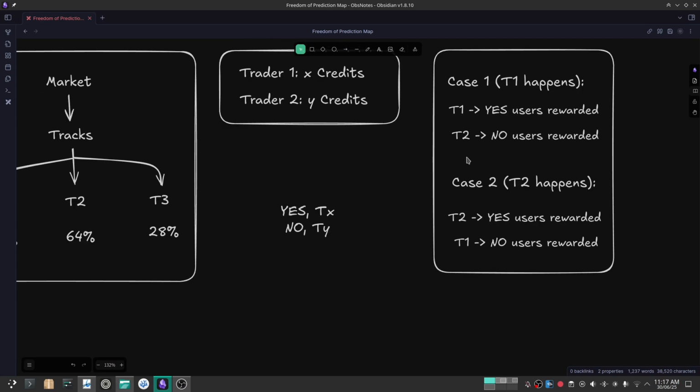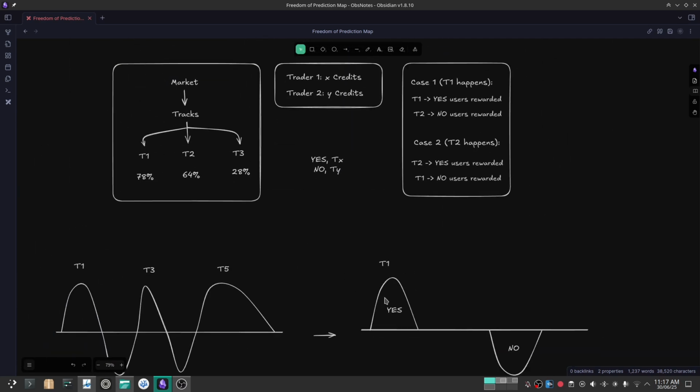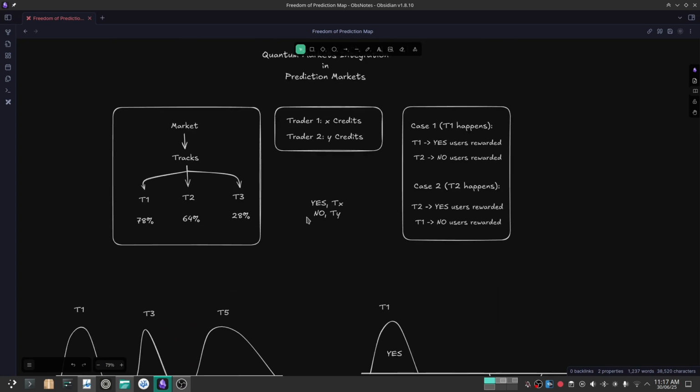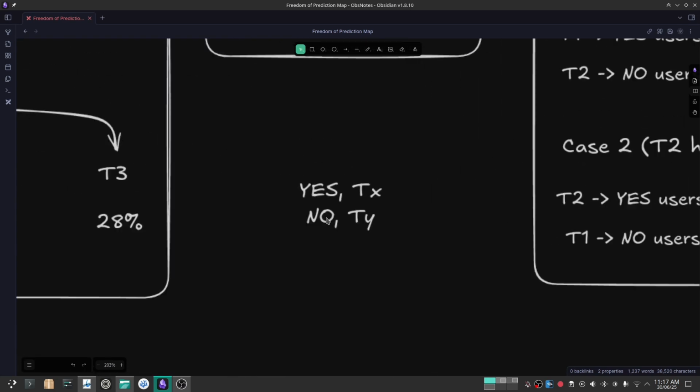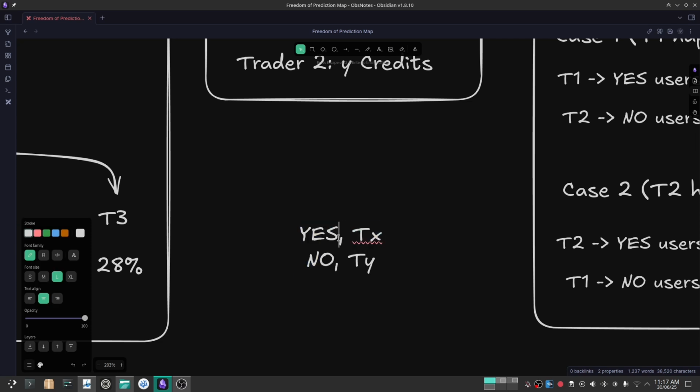So how are the rewards distributed? Aren't the currencies duplicated? No, actually it's divided on the basis of ratios. Let's say the track has a certain amount of yes shares, like volume.